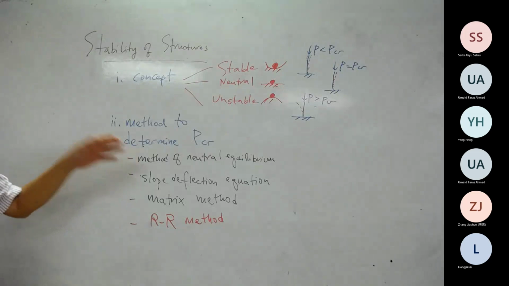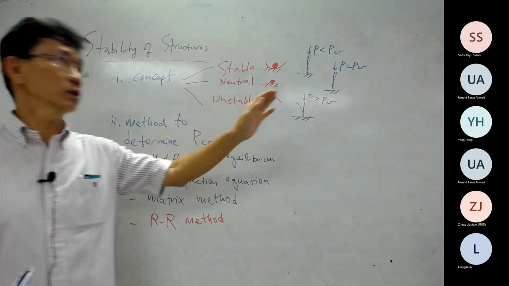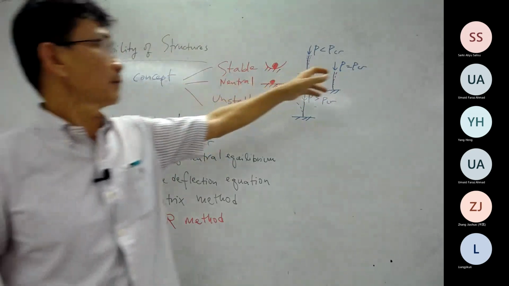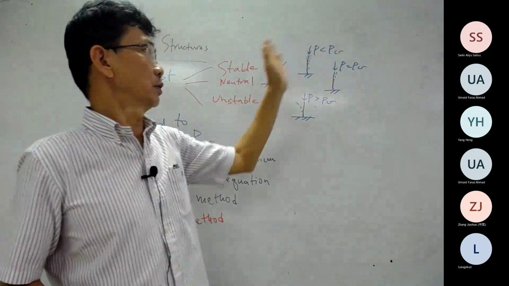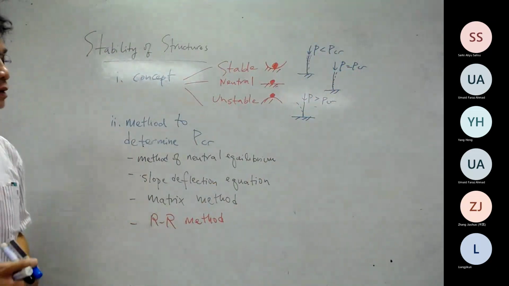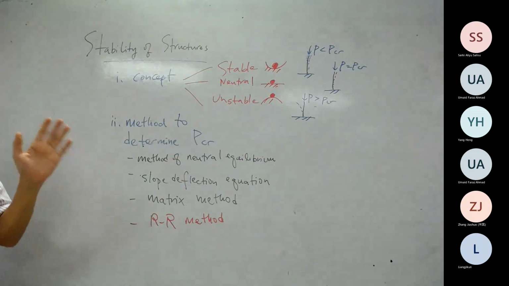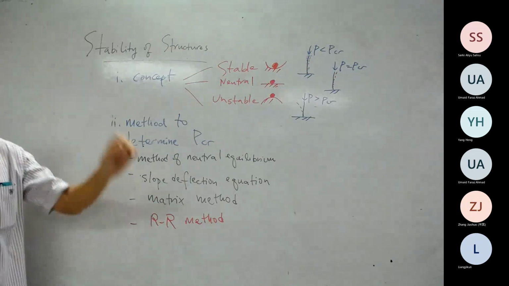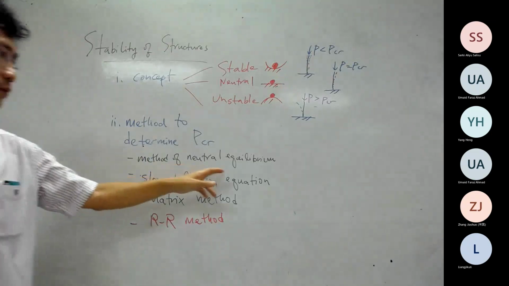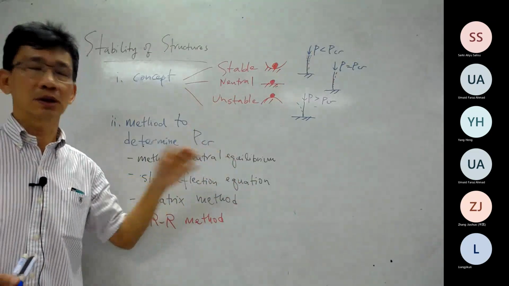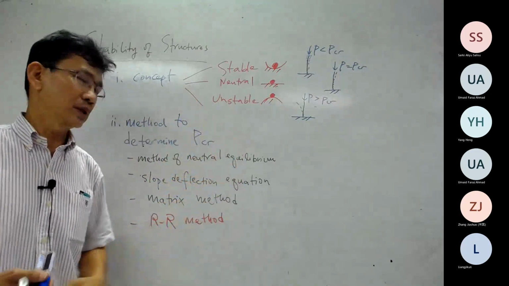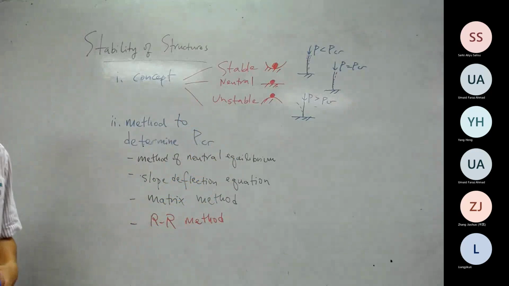We start off with the method of neutral equilibrium. We make use of the concept of neutral equilibrium, which is that at the P critical load, two equilibrium positions are possible, and then we find the P critical that will give you the non-trivial solutions. For this one you have to derive the differential equations.